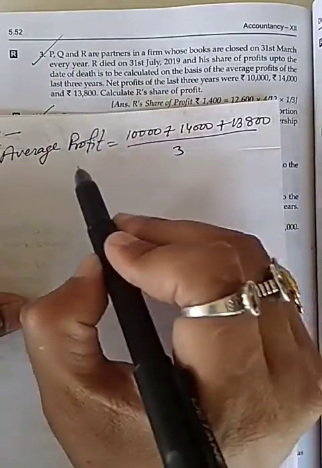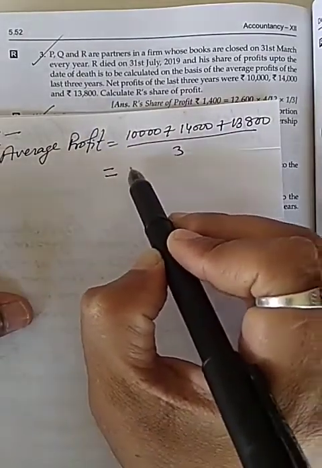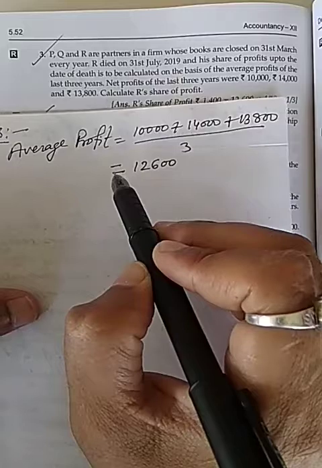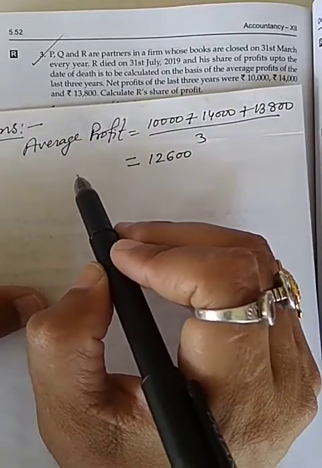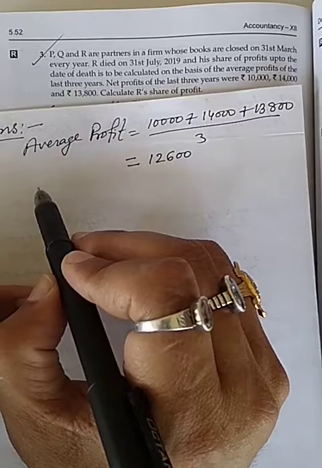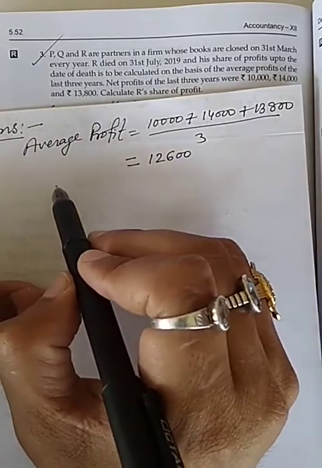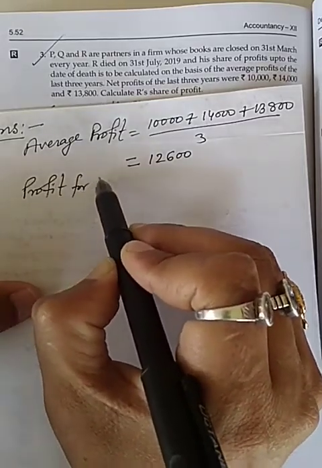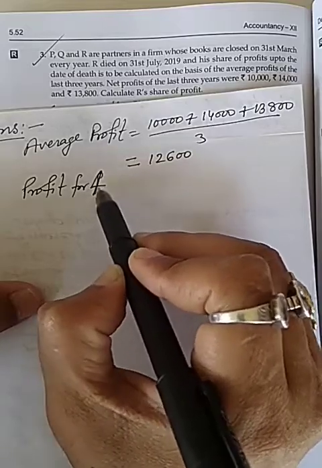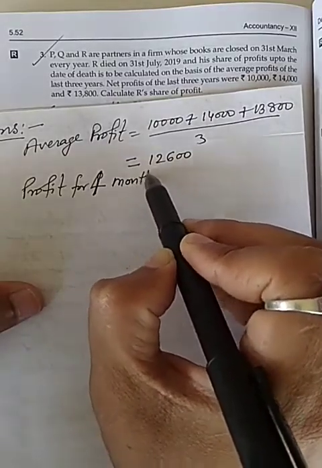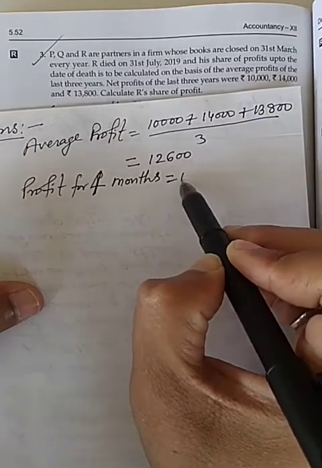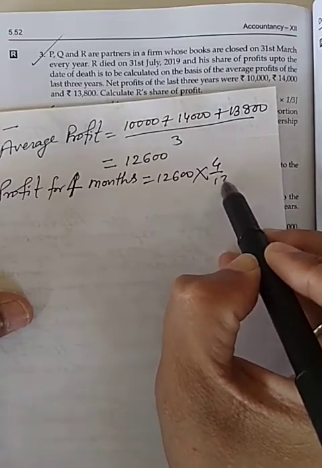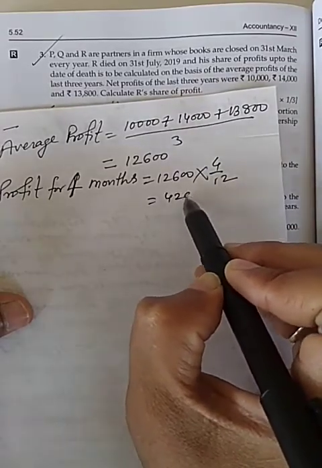You can see the total will be 12,600. Now average profit for 4 months equals 12,600 into 4 by 12. It will be 4,200.